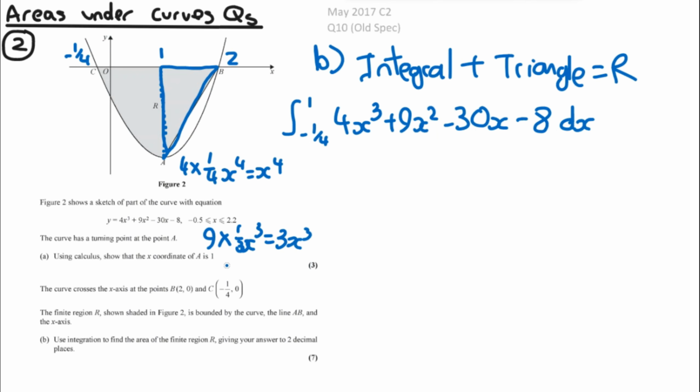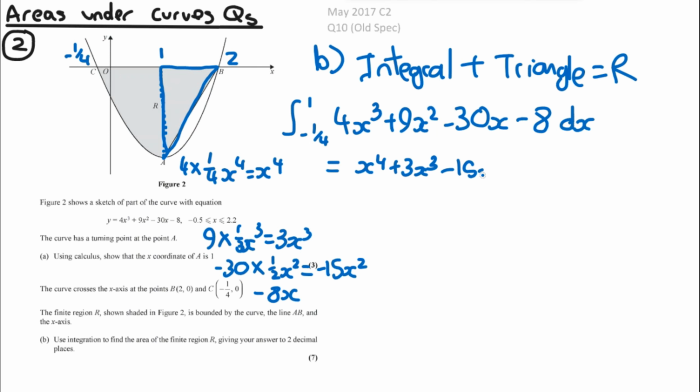Minus 30x is going to be minus 30 times, and then x integrated is half x squared, which is equal to minus 15x squared, and then minus 8 is just going to be minus 8x. So this is equal to x to the power of 4 plus 3x to the power of 3 minus 15x squared minus 8x, and then we put the square brackets.